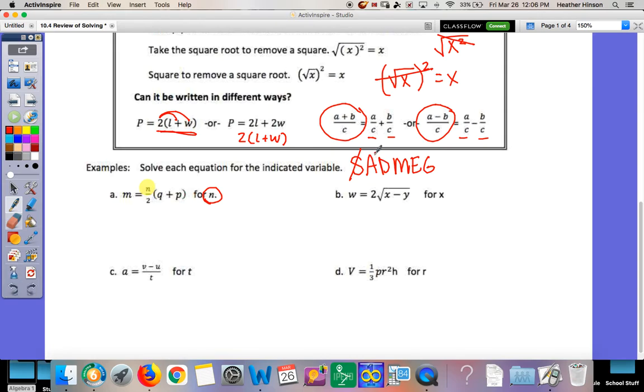So no addition outside of a grouping symbol. Do we see division outside of a grouping symbol? Yes, we have n divided by 2. How do we get rid of division? We multiply. So we're going to multiply by 2 to the other side. 2 times m is 2m. That'll leave us with n.